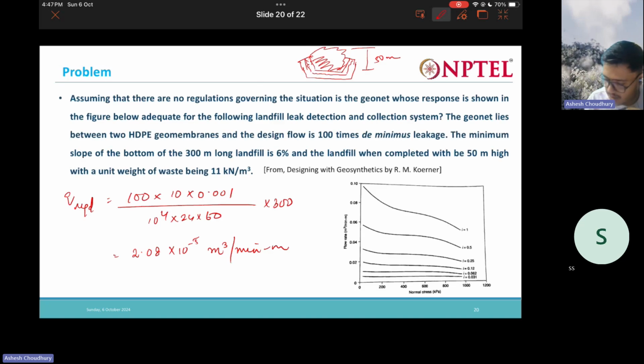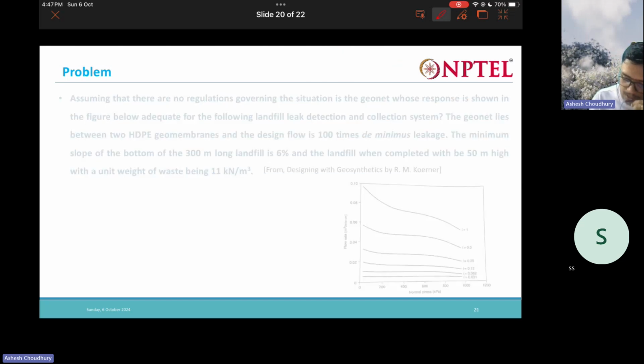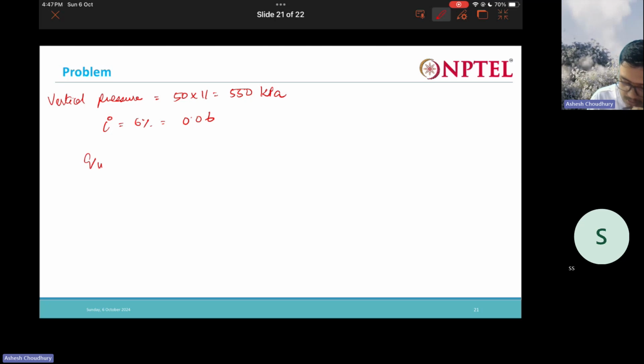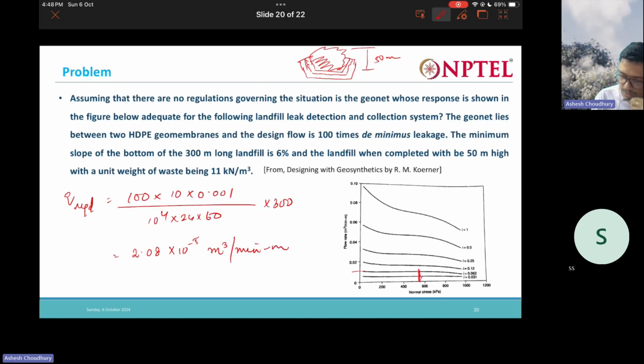So from here again, with 550 and 0.06, you will get something like that. So you can take 0.01 here. Q ultimate is equal to some value, with the unit meter cube per minute per meter.